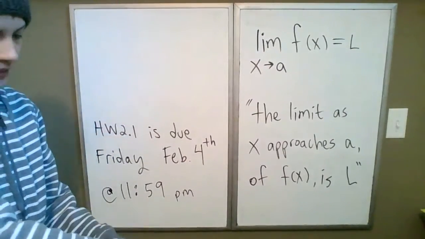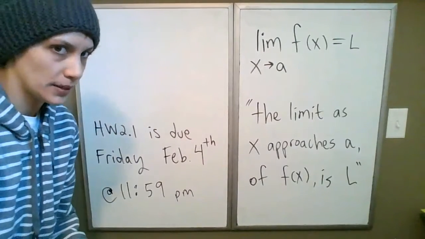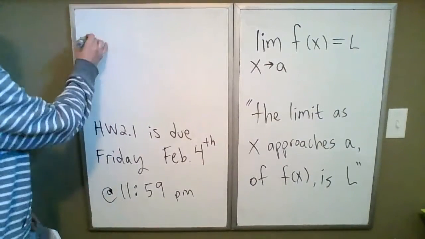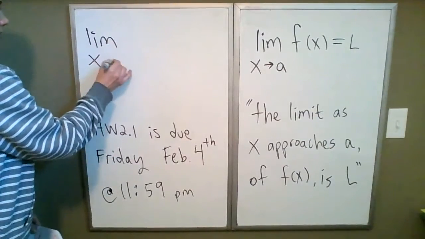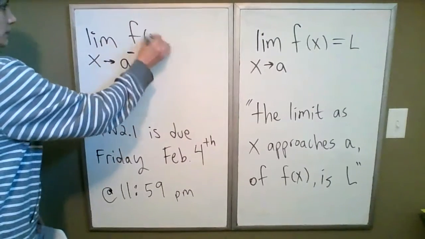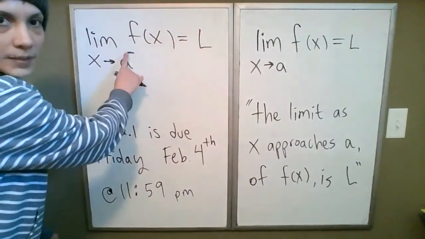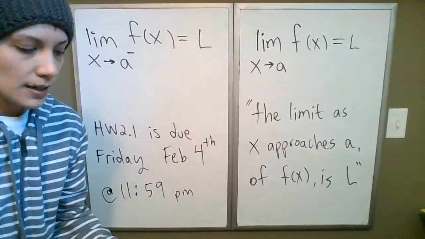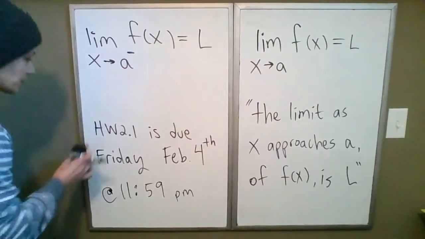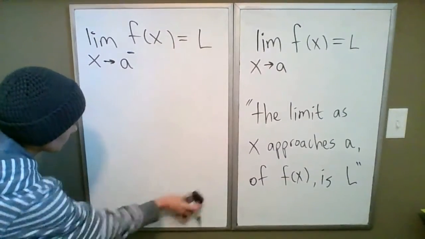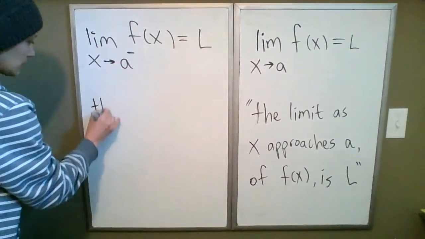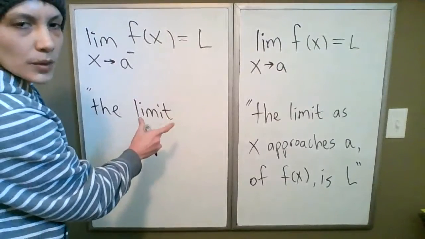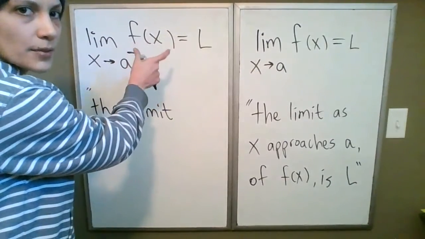Then we did one-sided limits, and starting with the one from the left, this is where I want to put in some extra detail. So the limit as x approaches a from the left of f of x is equal to L. So the limit, and then I'm going to put this part in where we're talking about your function f of x.